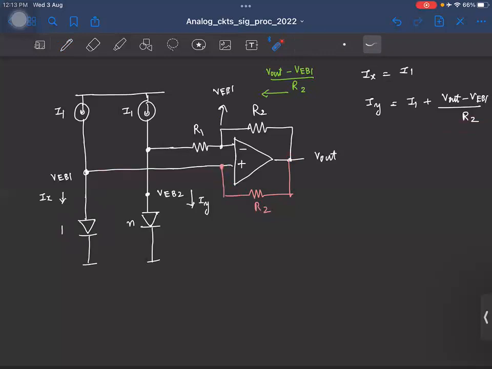Okay. So if you add this additional branch, then both currents will now be equal. Is that okay? So this is the complete circuit. So with this, we can generate the required band gap voltage. Is that okay?